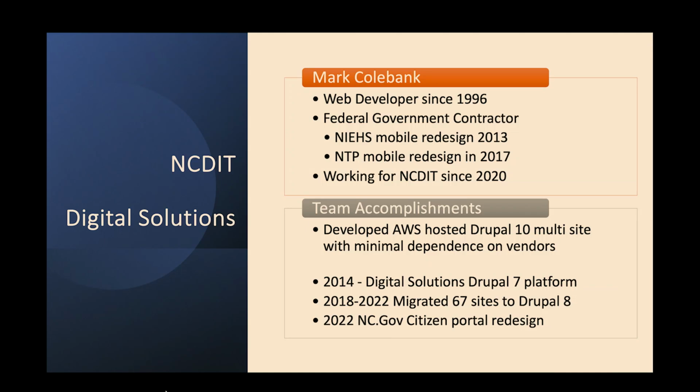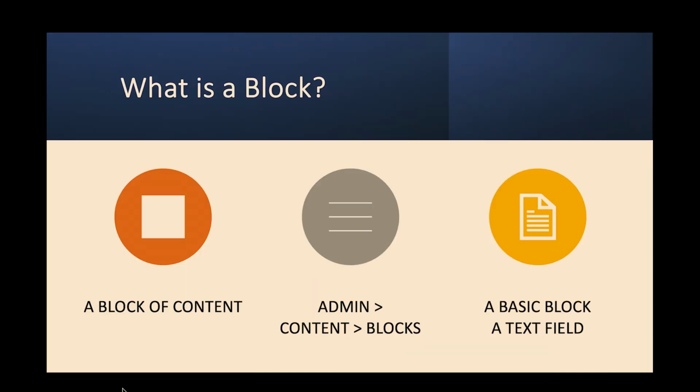That was started in 2014 as a Drupal 7 platform. It took us 3 or 4 years to migrate 67 sites to Drupal 8. You're actually getting it at a great time because it was a very big transition from Drupal 7 to Drupal 8. And then in 2022, I did the portal redesign for nc.gov, where we wrote a modern theme. So what is a block in Drupal?